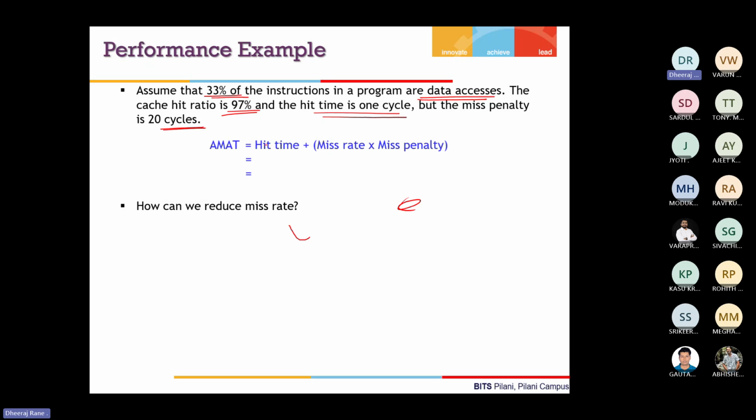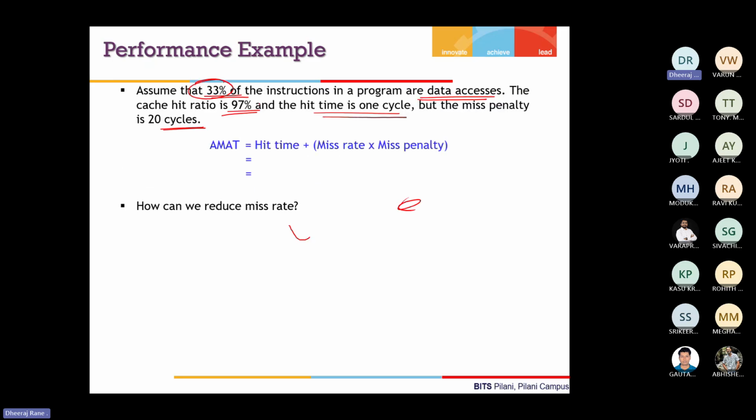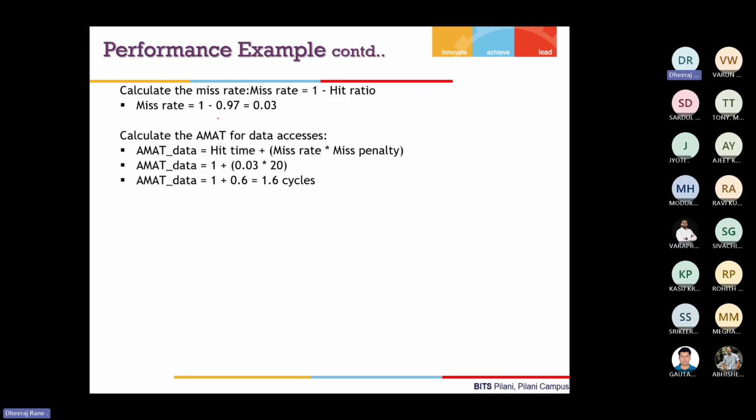Here the twist that is being given is that 33% of instructions are data access. Because the hit ratio is 97%, the miss rate is merely 0.03.